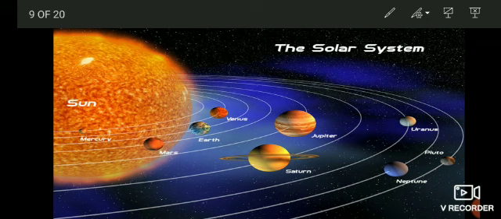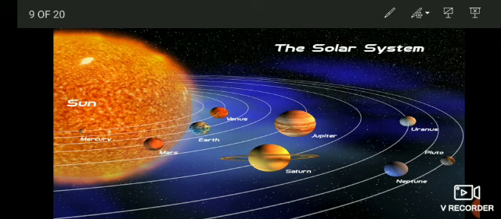All these small spherical celestial bodies are called planets. Planets and star we are seeing here.